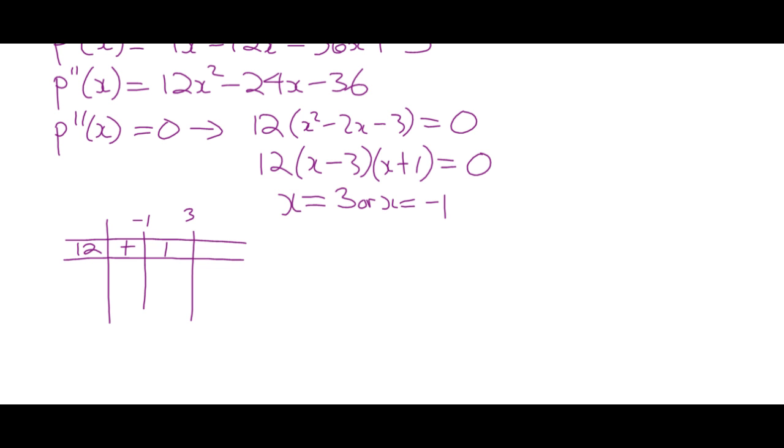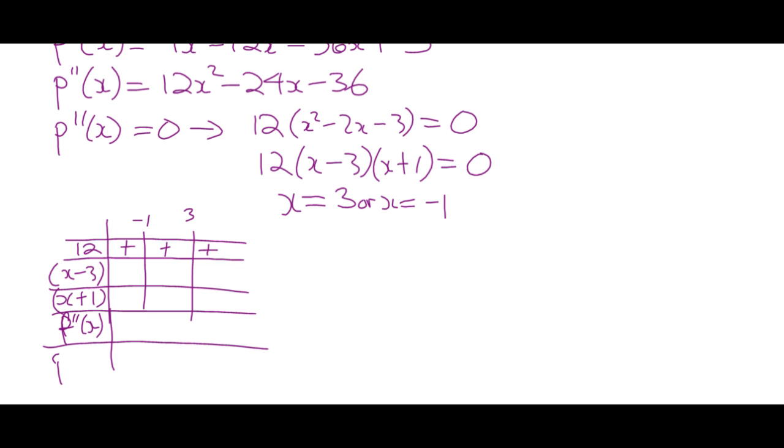I've got the factor 12, an x minus 3, and an x plus 1. Taking those together gives me the sign of p double prime of x, which means I can make some statement about p of x, about its concavity. Concave up, concave down.